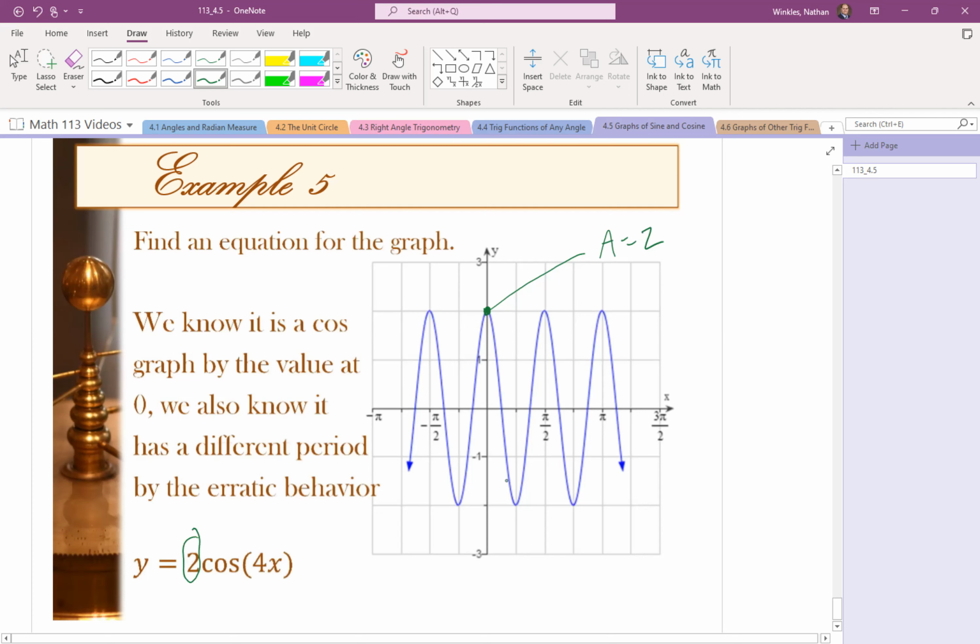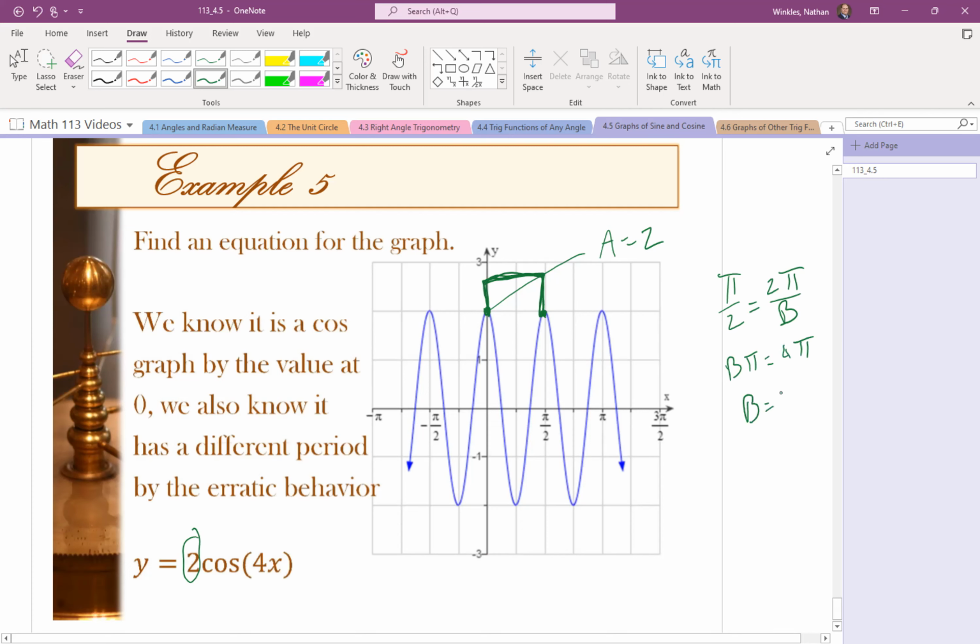Now, where does it get us to? Here, this right here is my period. So my period is pi over 2. So pi over 2 is actually equal to 2 pi over B. We need to be able to solve for B. So B times pi equals 4 pi by cross multiplying.